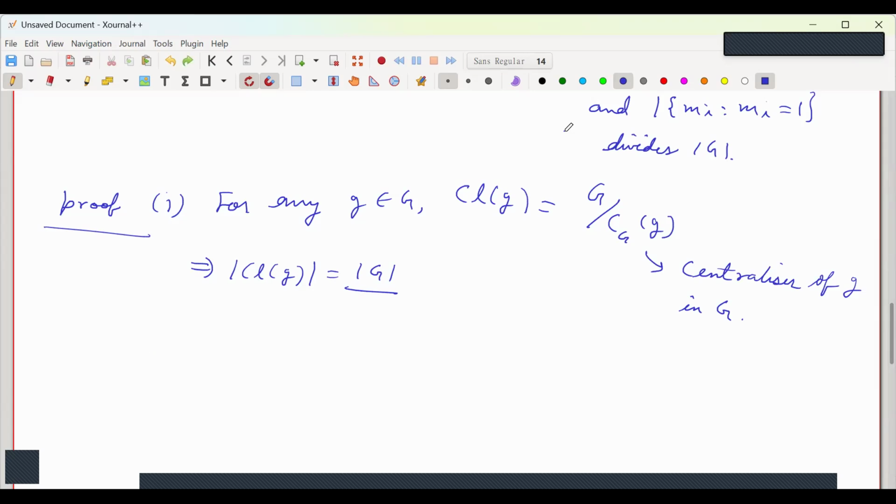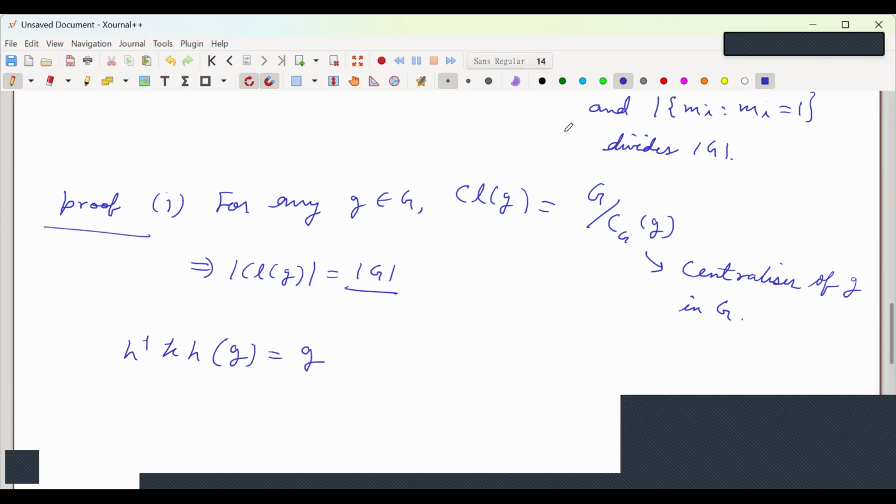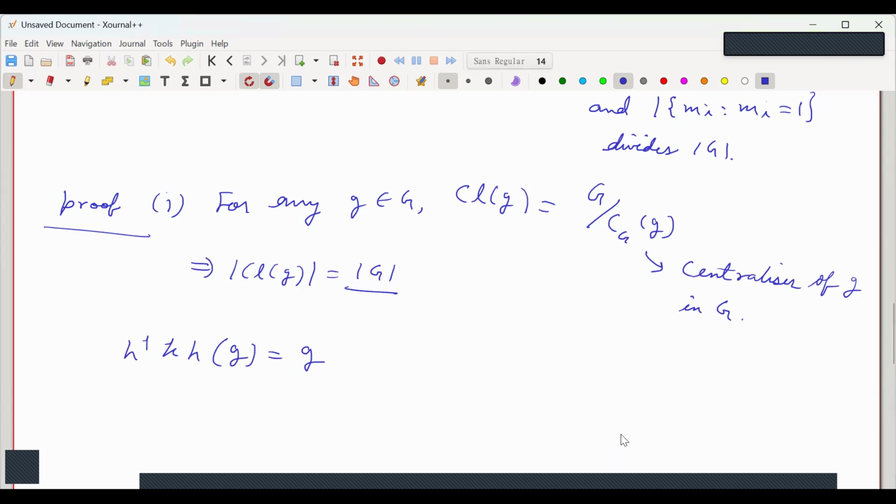Since we are starting with G, we need to show that H inverse K H of G is the same as G. Why is it so? You have an explanation for that.